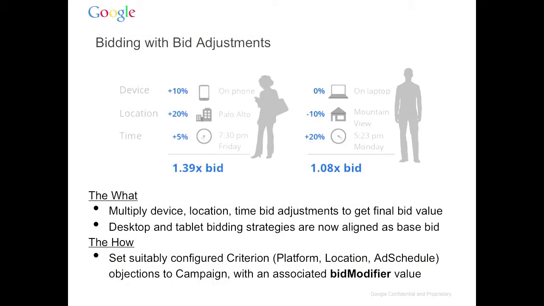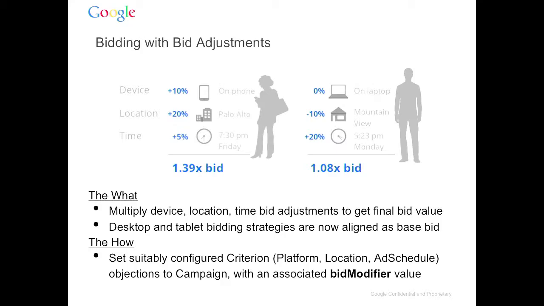So what is the new way? Instead of having different devices and platforms, you have one base bid that applies to the entire campaign, and that base bid is aligned with device types of tablet and desktop.